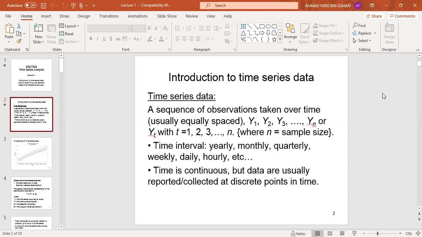For example, if we have daily data, we collect one value for each day, or one value for every week, every month, or each quarter. So it is usually reported or collected at discrete points in time.